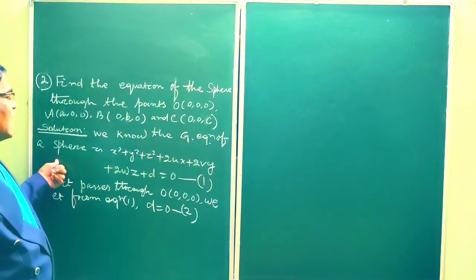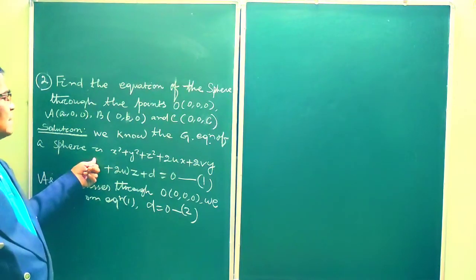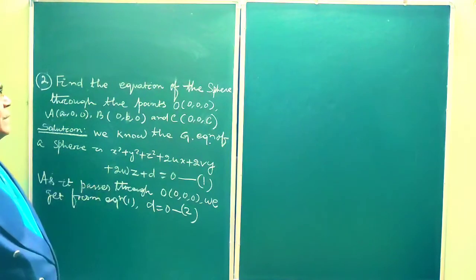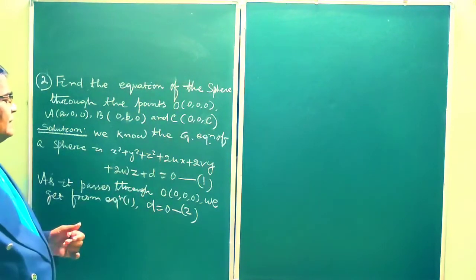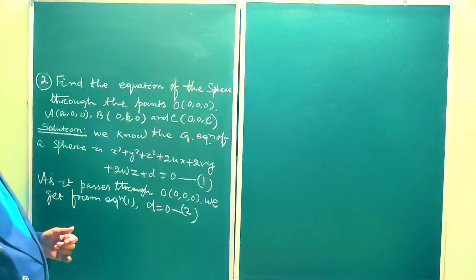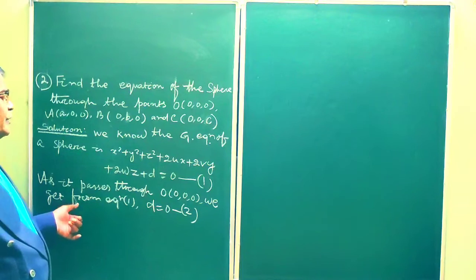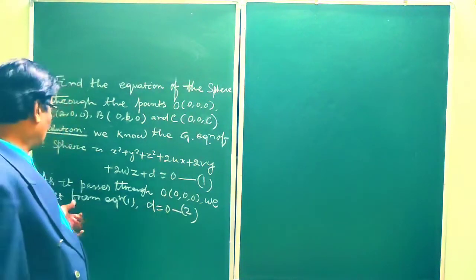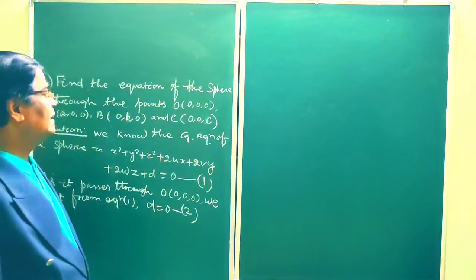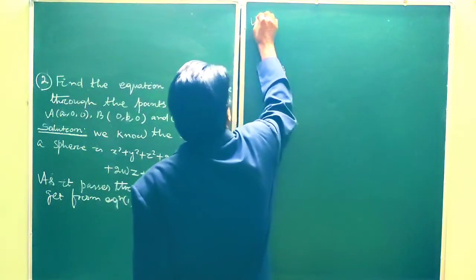We know the general equation of the sphere is x square plus y square plus z square plus 2ux plus 2vy plus 2wz plus d is equal to 0. This is equation 1. As it passes through origin O of 0, 0, 0, we get from equation 1 d is equal to 0. That is equation 2.